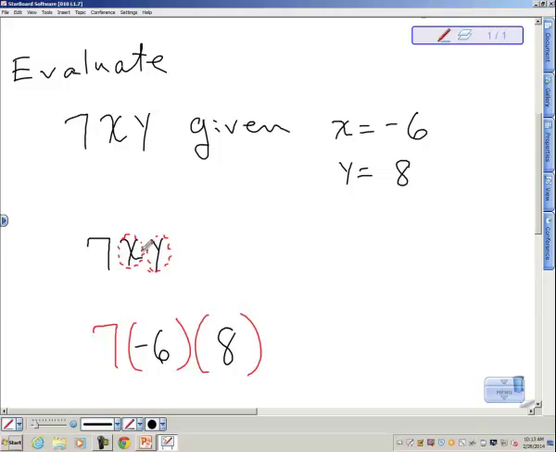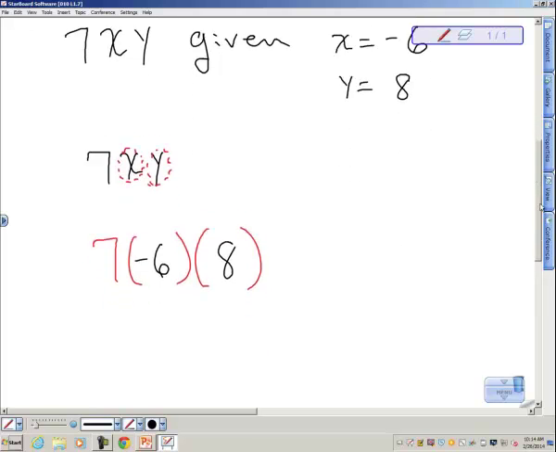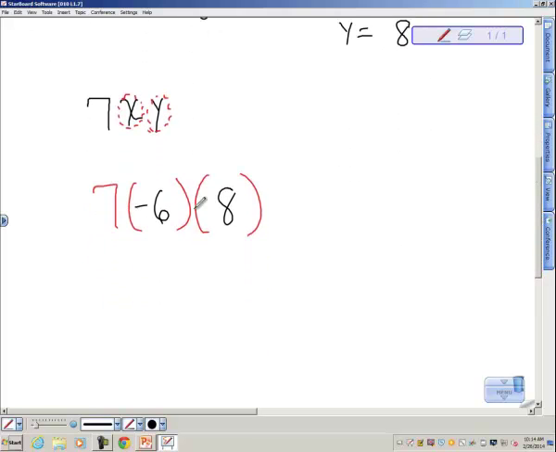Now you have to be careful here because if this order is switched, it's not necessarily the same order that they gave it to you in. So you have to pay close attention to that. Okay, now what are we going to do here? Well, 7 times negative 6 is negative 42, times positive 8.